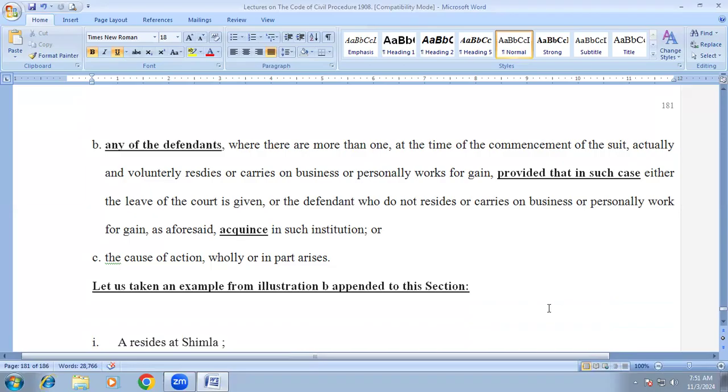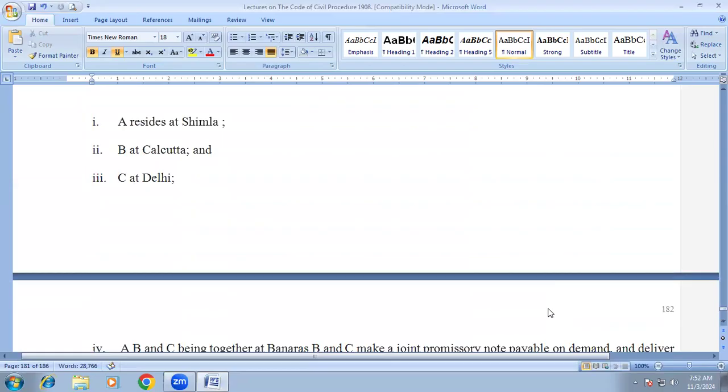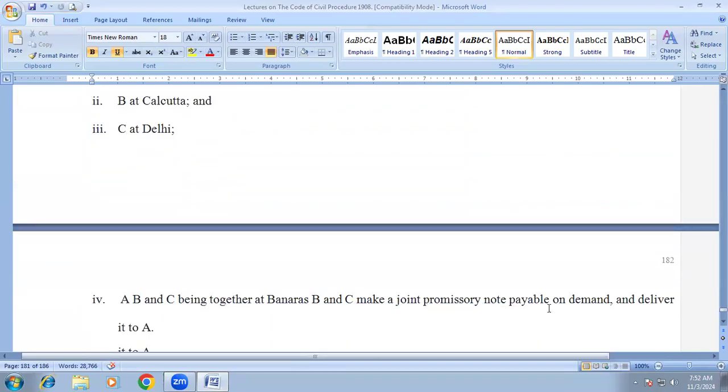Let us take an example, which is illustration B appended to this section number 20. In this example, A resides at Shimla, B resides at Calcutta, and C resides at Delhi.